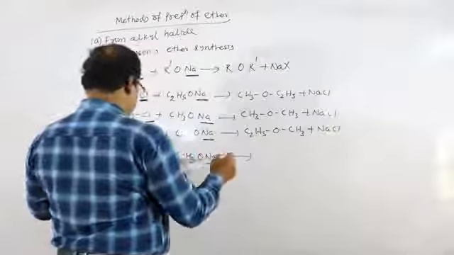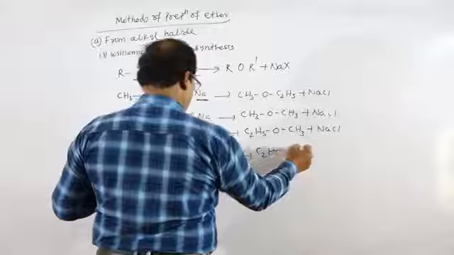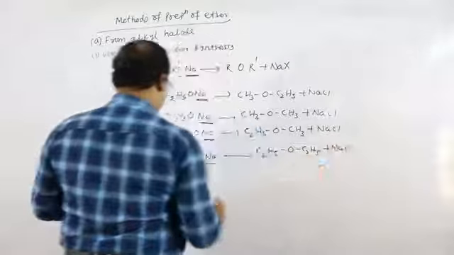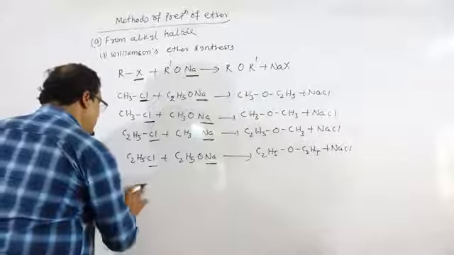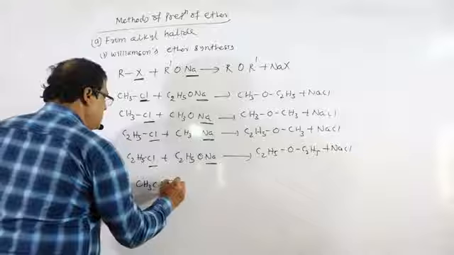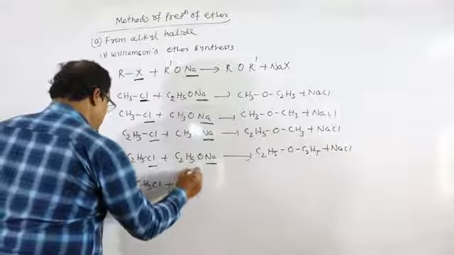In this case, C2H5OC2H5 plus NaCl. If we take sodium phenoxide with the alkyl halide CH3Cl, plus ONa.